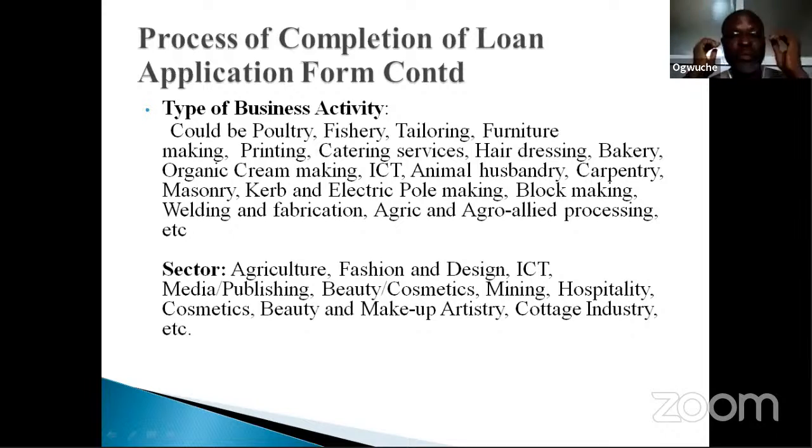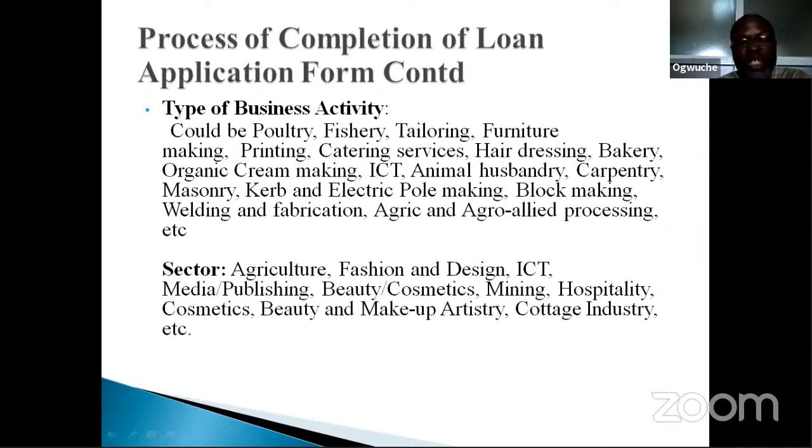All these are business activities. And then the sectors, of course, include agriculture, fashion and design, ICT, media and publishing, beauty and cosmetics, mining, hospitality, makeup artistry, cottage industry.